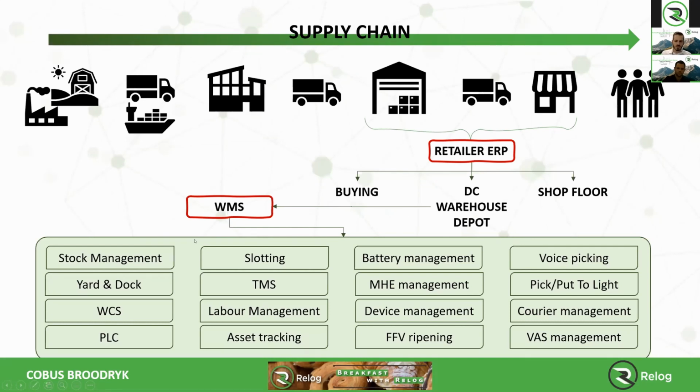As you can see in this green block at the bottom, there are a multitude of subsystems under the WMS. A lot of these systems either rely on the WMS for instructions and the processing of tasks, or they feed information back into the WMS in order for the WMS to instruct other systems to execute certain tasks. Very few of these systems can operate as a standalone system and really still add value to your operation.